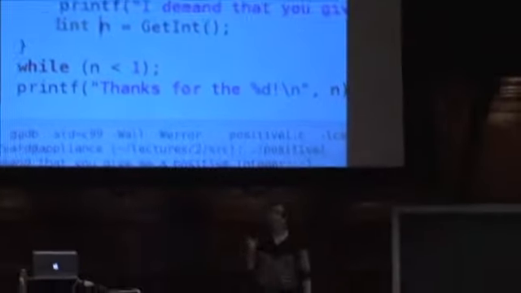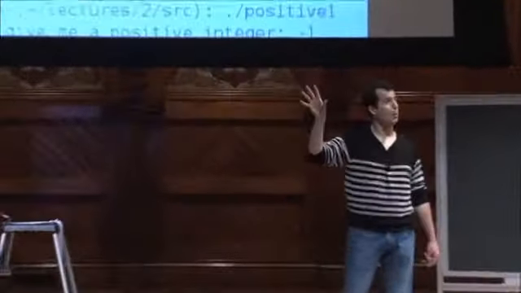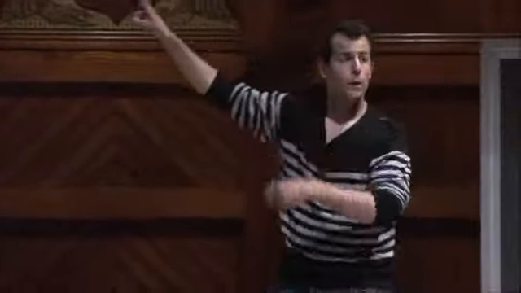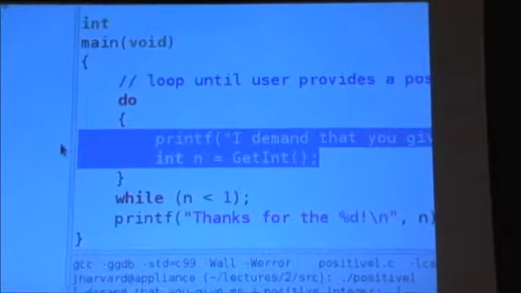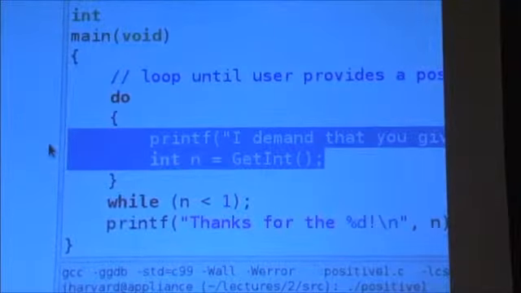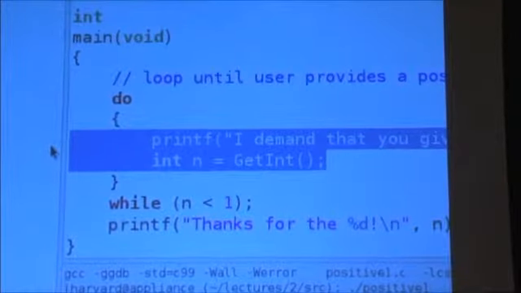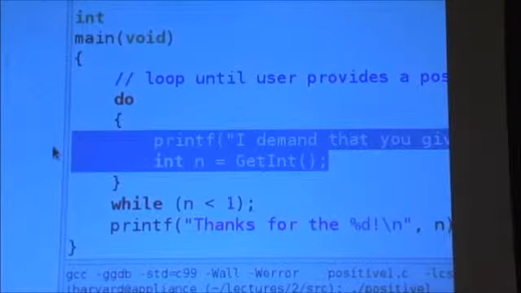So n is clearly a number that I want to use in this program. Not only getting it inside of the loop, but I want to use it, obviously, in the printf at the very bottom of the program. But here's a gotcha of C. When you declare a variable, it only exists within the confines of the most recently opened curly braces. Those curly braces define a buzzword called scope.